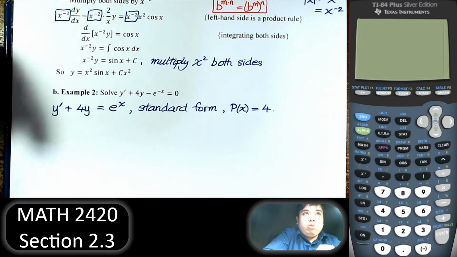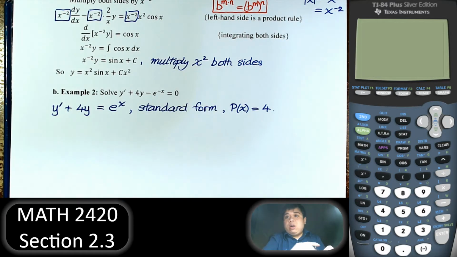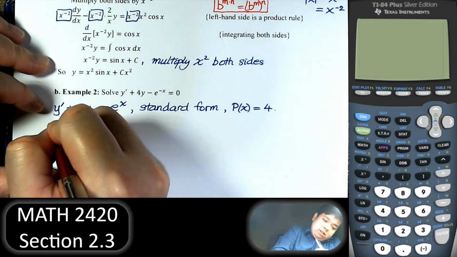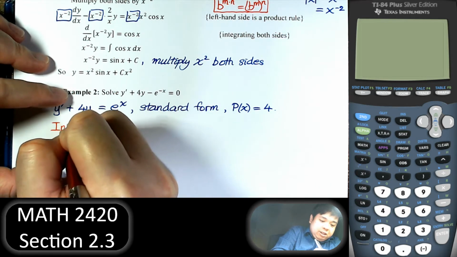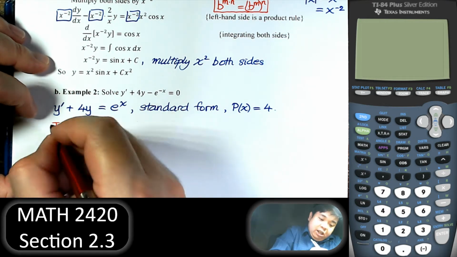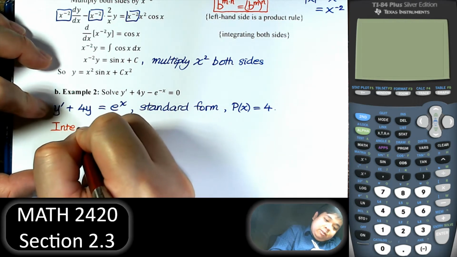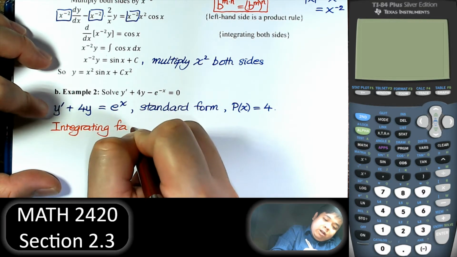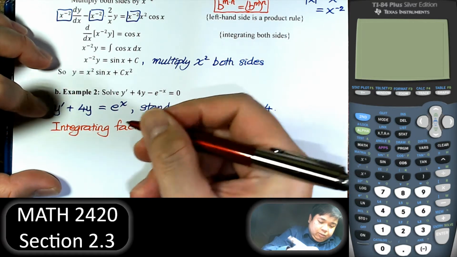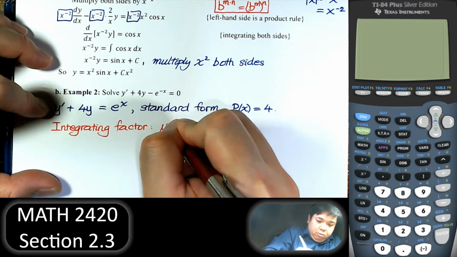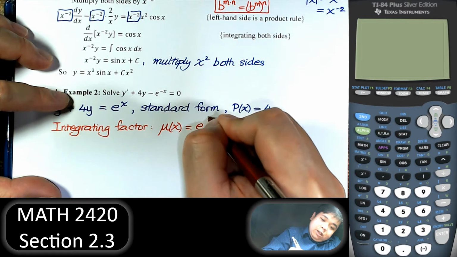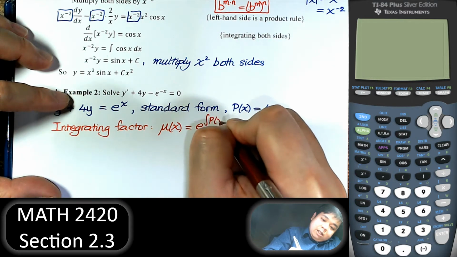So we need to write that in standard form and identify what p of x is. After that, we can find the integrating factor. This is the most important step of solving a linear first order equation. Integrating factor: mu of x equals e to the integral of p of x dx.